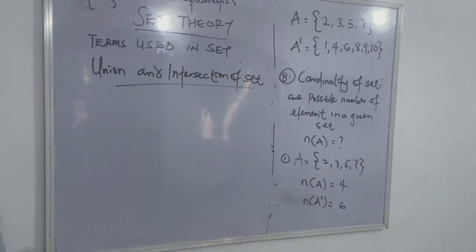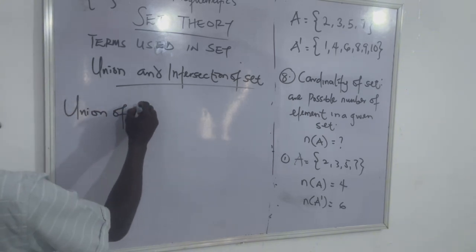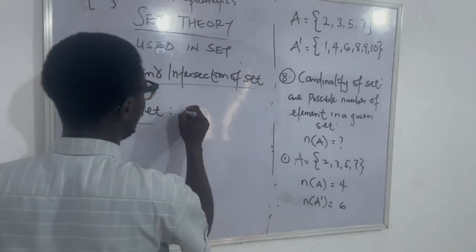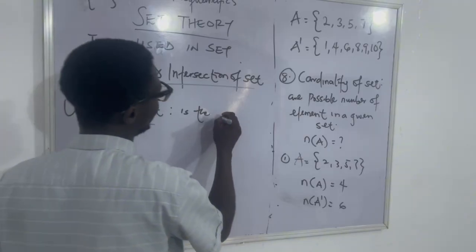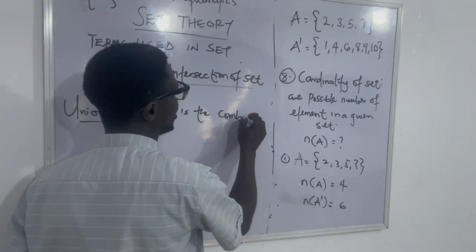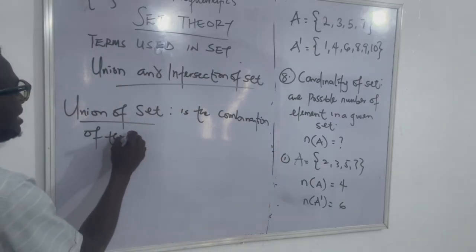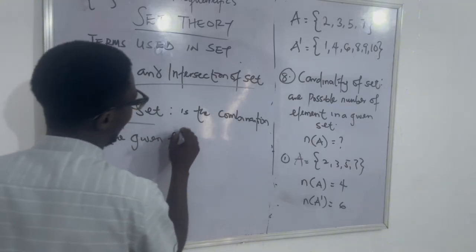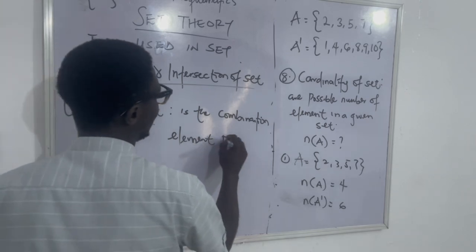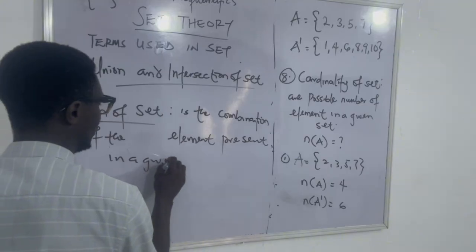So now, union of sets is actually combining, or is the combination of the given elements rather present in a given set.